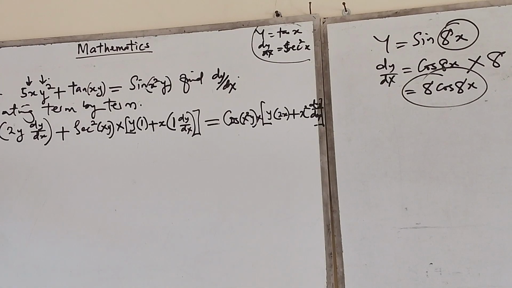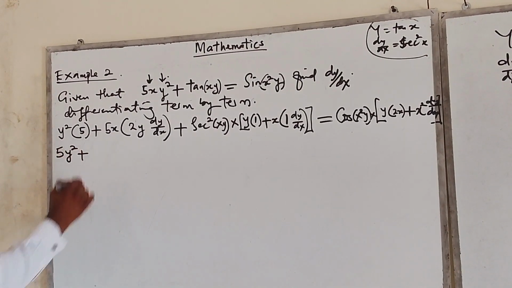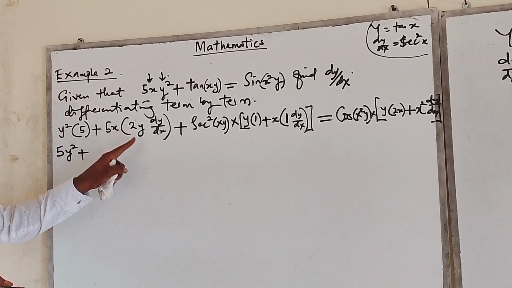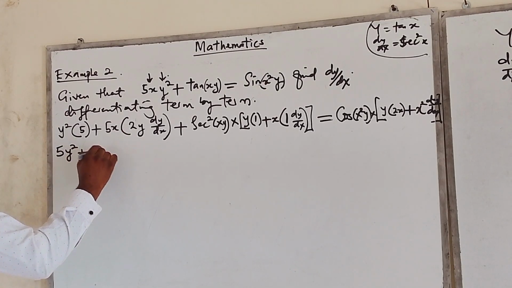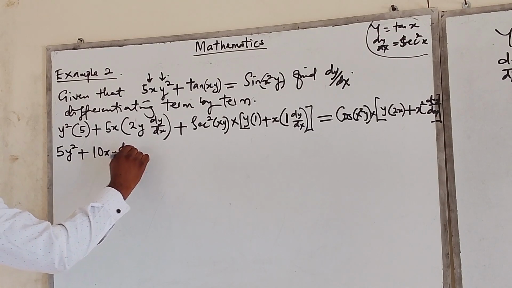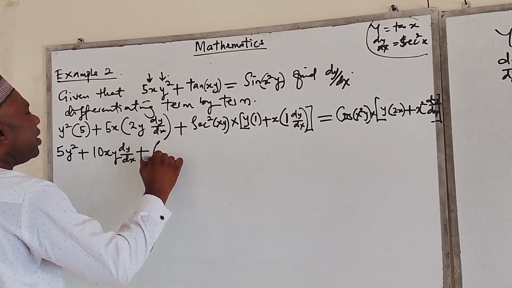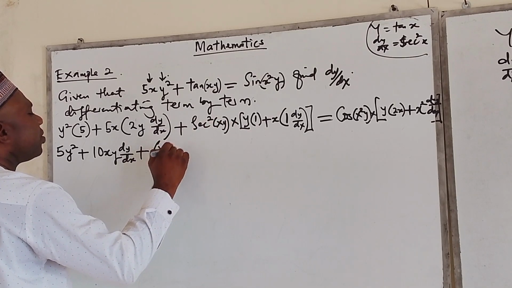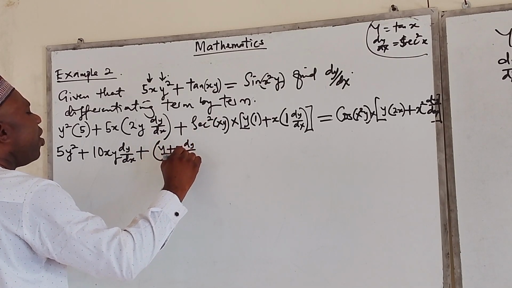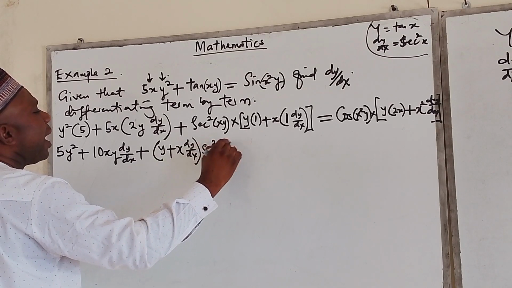So it means the whole of this now will be, we have 5y squared plus, if you multiply 5x times 2y, we have 10xy dy over dx, plus, now when you multiply the whole of this by this, you have y plus x dy over dx, then you have sec squared xy.